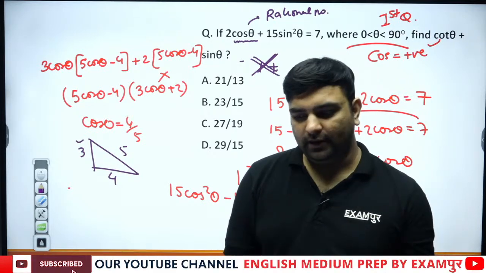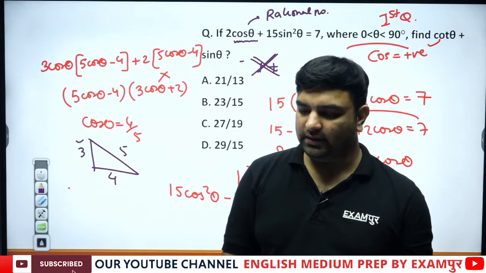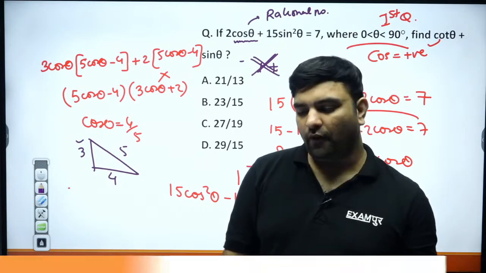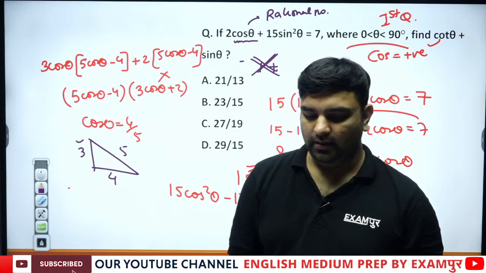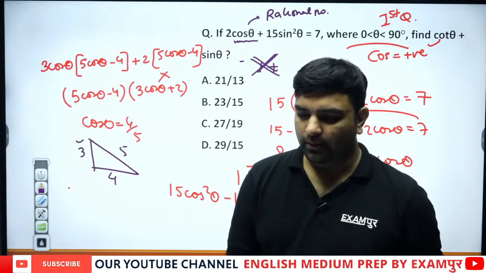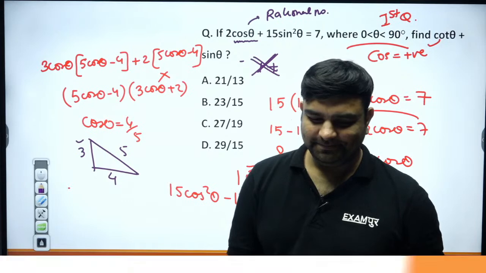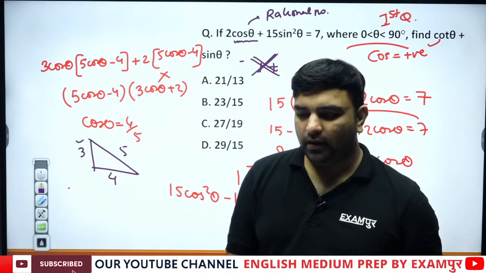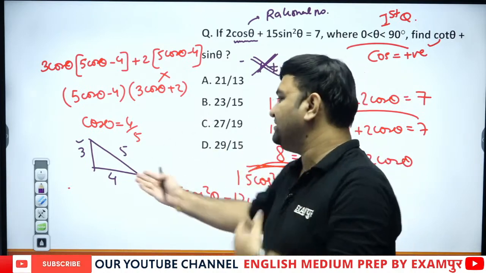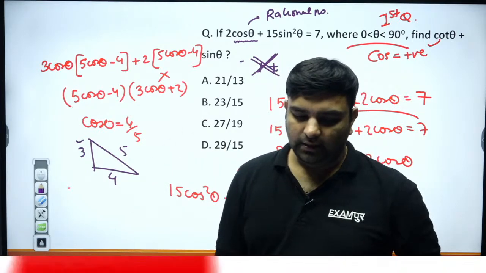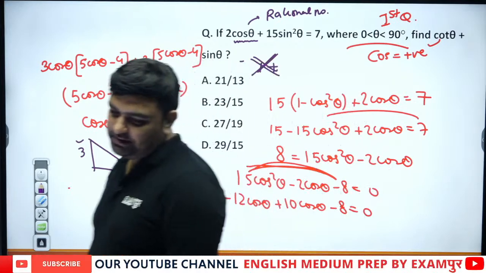Only 1 out of 100 can guess this right angle triangle directly in the examination. 99 could not, including me.